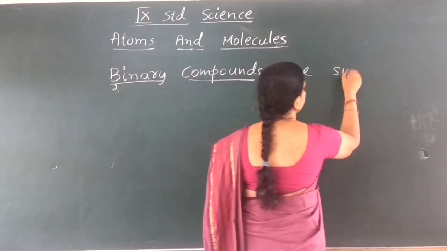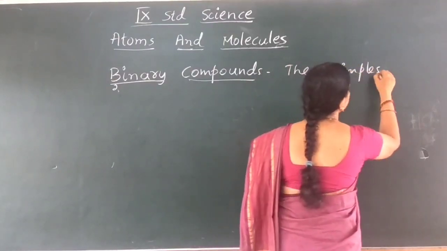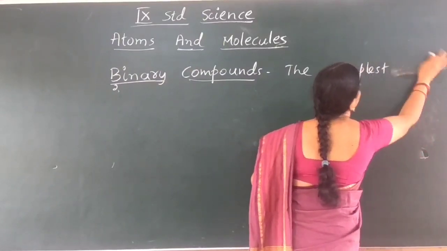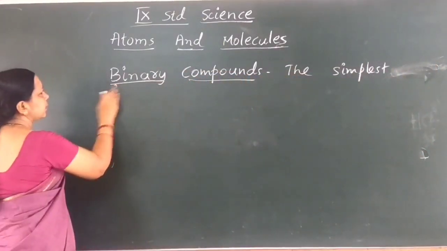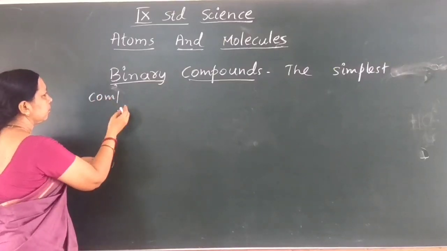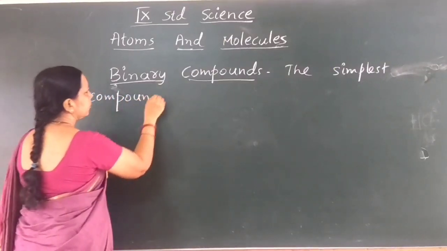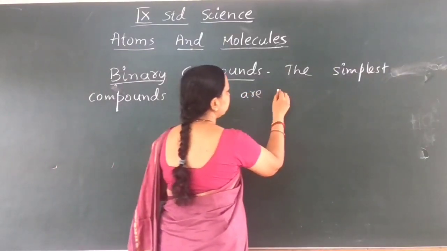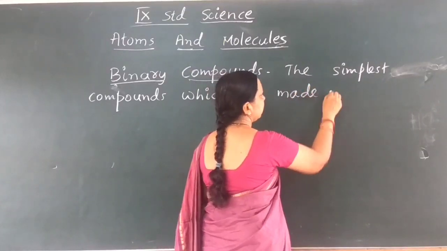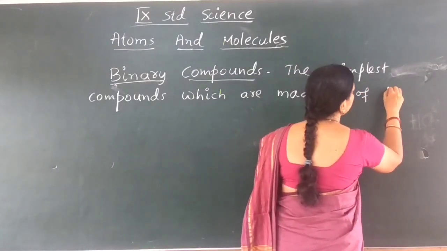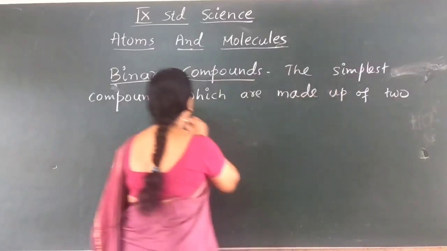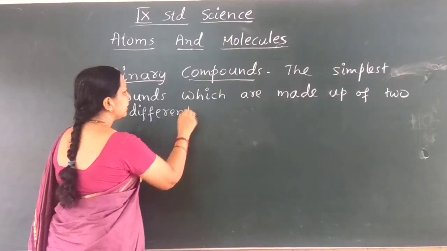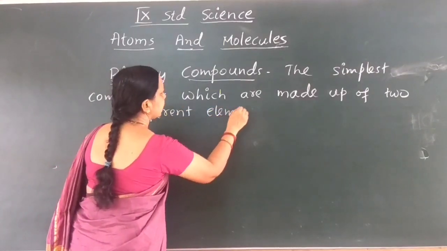The simplest compounds which are made up of two different elements. What do we call them? Binary compounds. They are the simplest compounds.